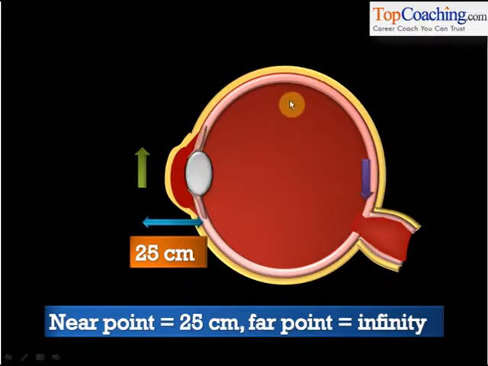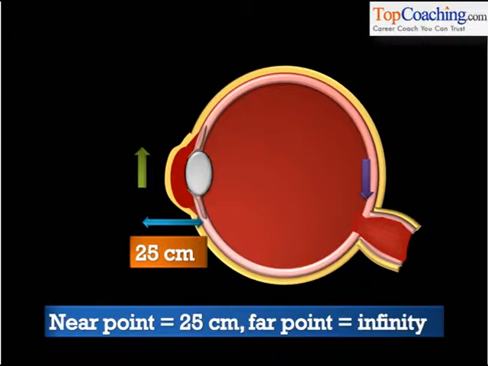So the far point is infinity. In that case, the focal length of the eye lens becomes equal to the image distance, the distance between the lens and the retina, isn't it? After all, if rays are coming from infinity, they will converge at the focus of the convex lens. So the retina in that case becomes the focus of the convex lens. Understood? So this is about near point and far point.